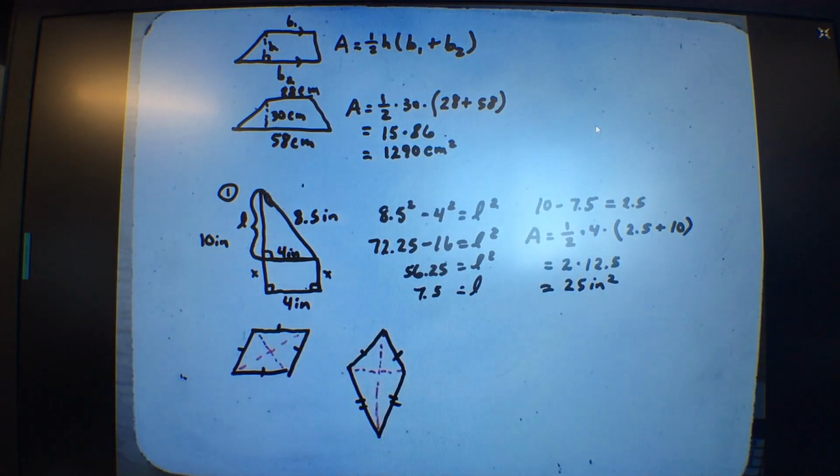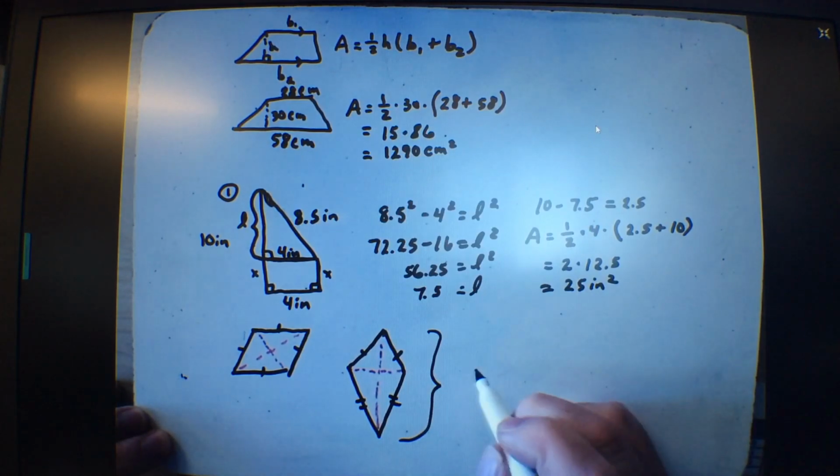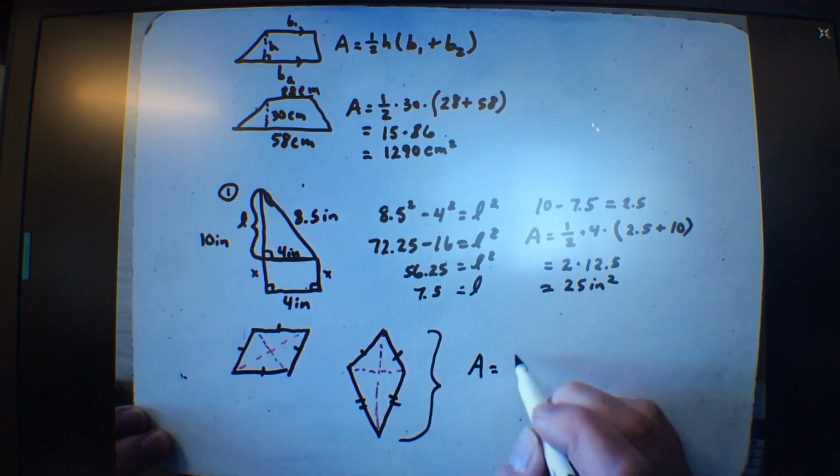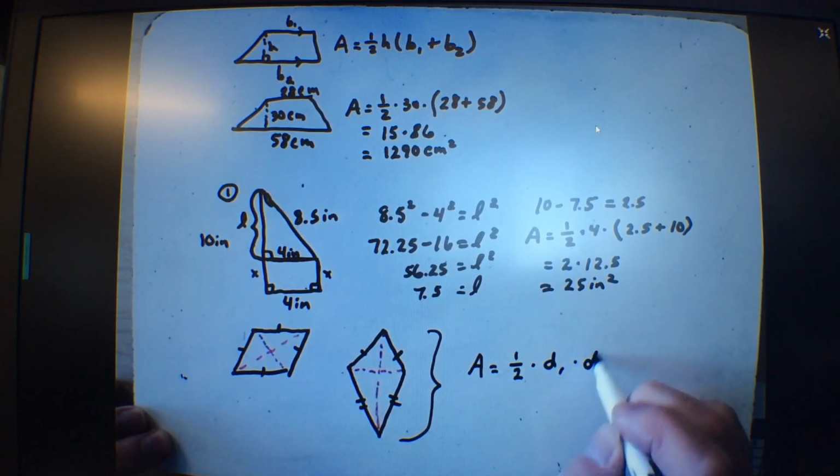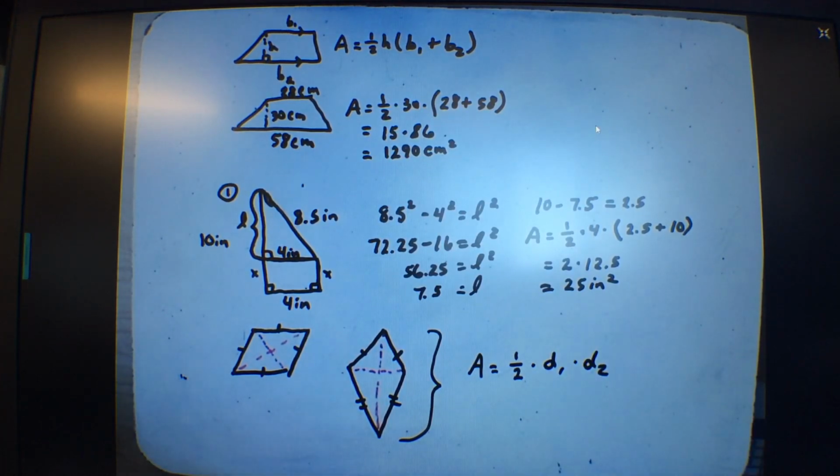Well, it turns out that these two have something in common: the area of both is 1/2 times diagonal 1 times diagonal 2, so 1/2 d sub 1, d sub 2. That's kind of nifty, isn't it? We can pretty much memorize the same formula, correct?